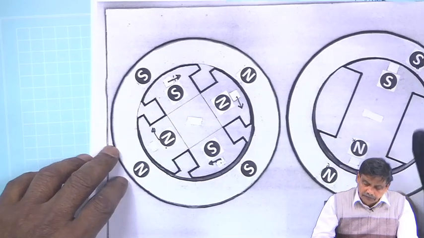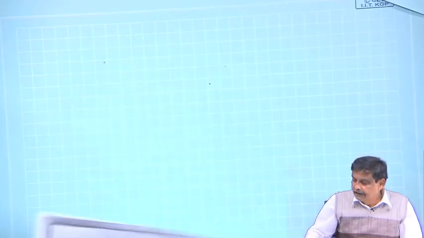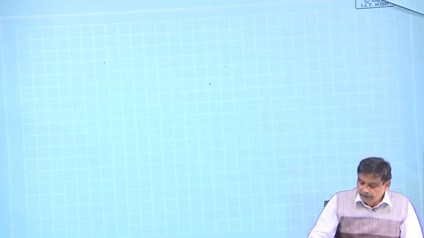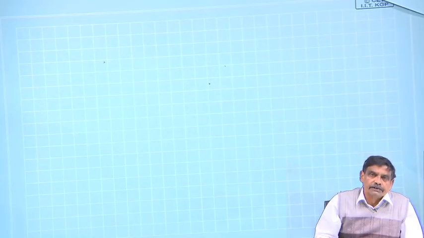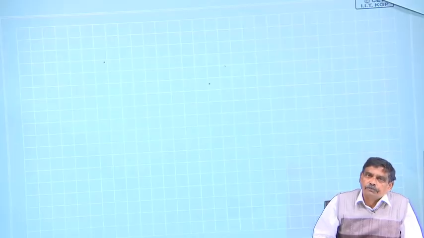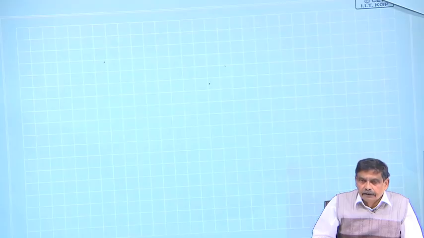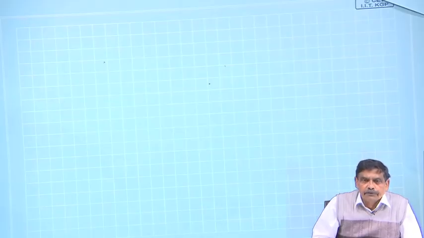So, we now know the underlying principle of operation is that the number of poles produced by stator and rotor must be the same, and for steady production of torque, the angle between them must be constant. The other point, that the angle between them is constant, I discussed at length in my last lecture.